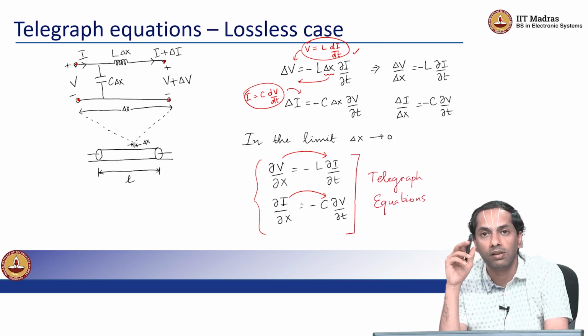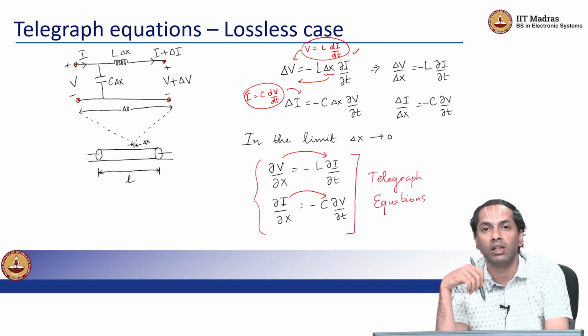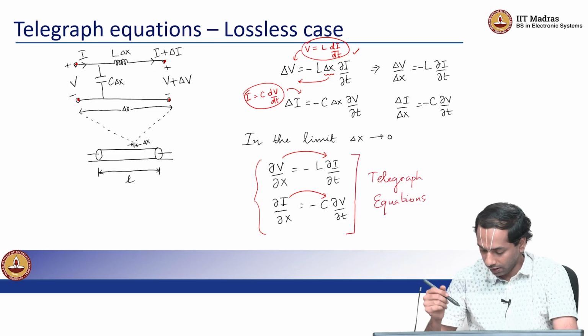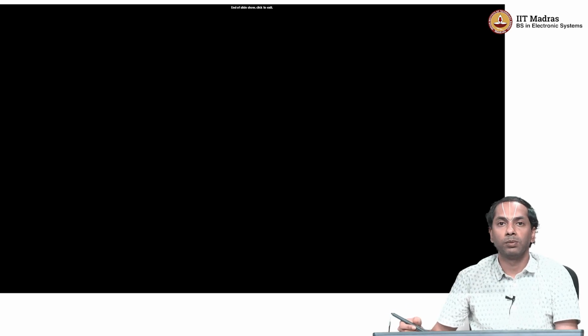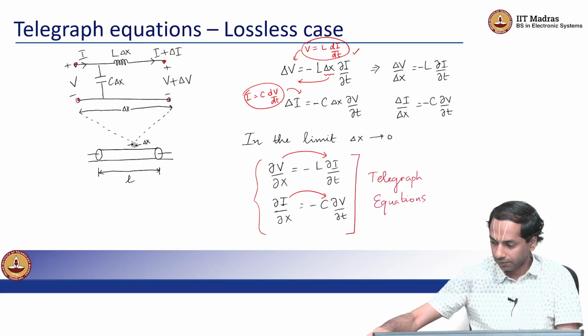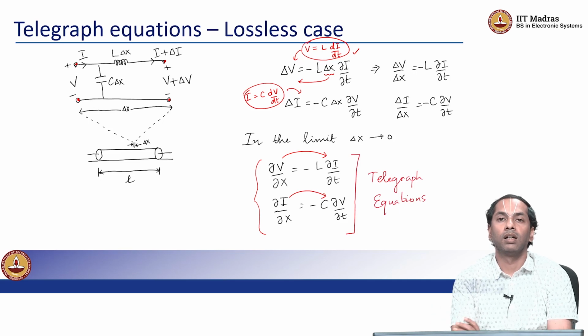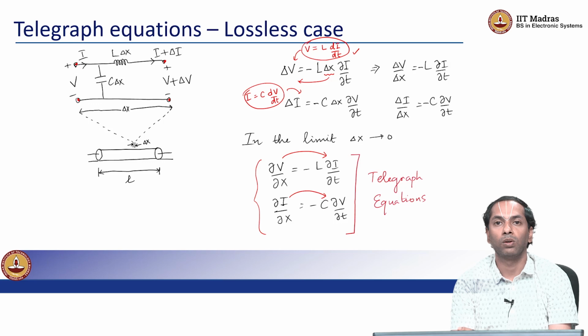So, in some sense, this should remind you of the cyclic behavior between fields of electric and magnetic nature, and somehow that parallel is being brought over to voltages and currents. Okay, so at this point, we will say that we are ready to now solve these equations and try to see if we can come up with closed form solutions for currents and voltages.